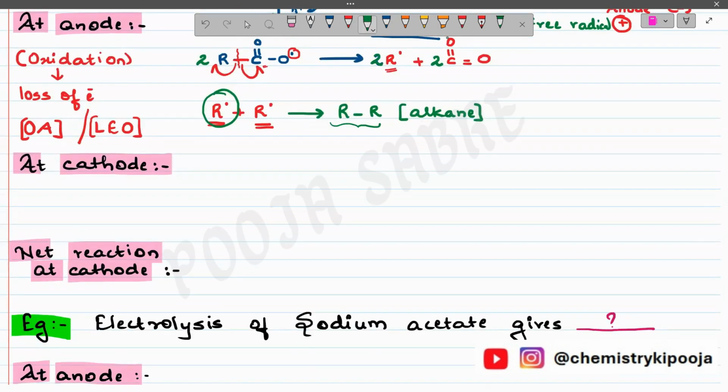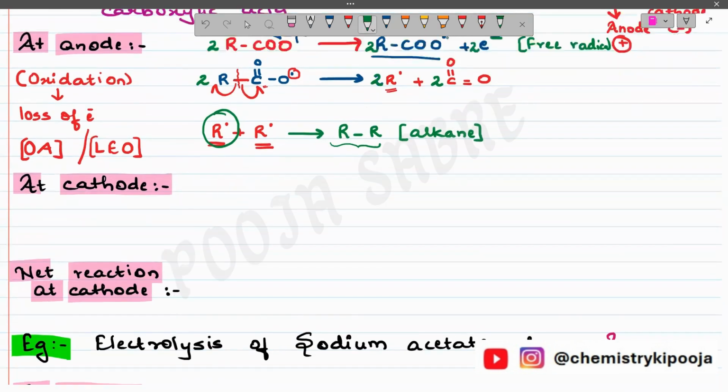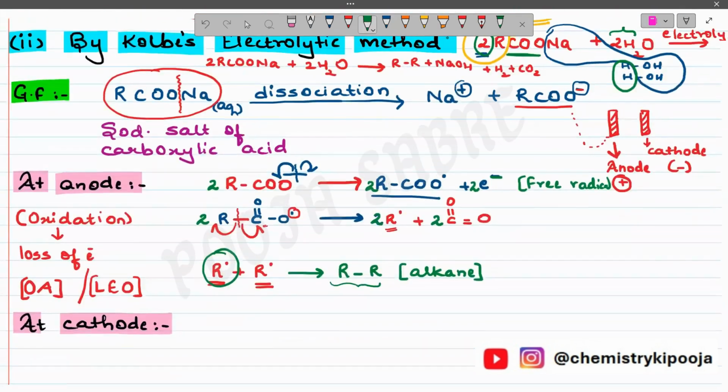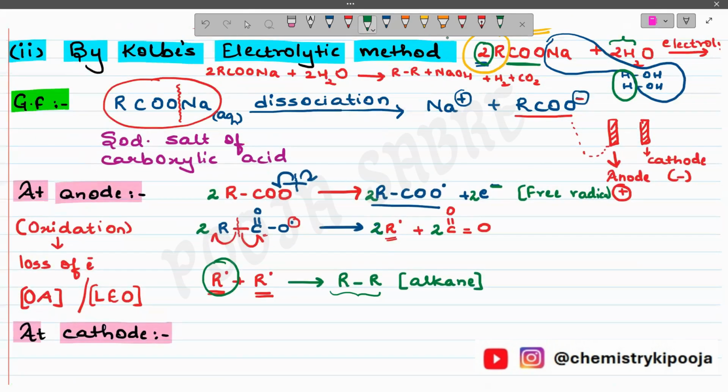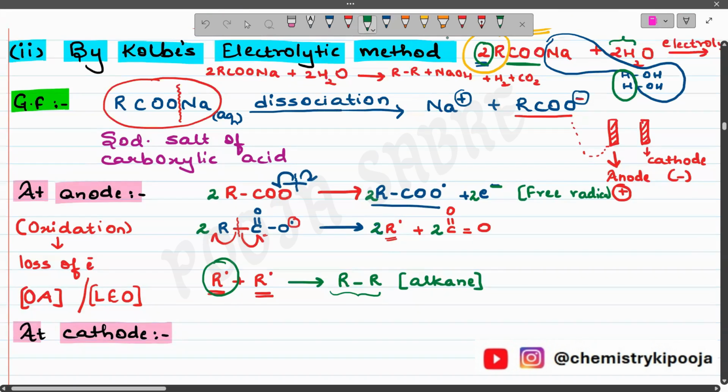Now what will happen at the cathode? On the cathode, we have two possibilities, right? What is going to happen at the cathode? Here we have NaOH, which is going towards the cathode, or we also have this water.